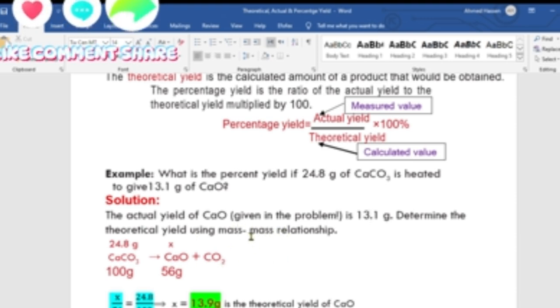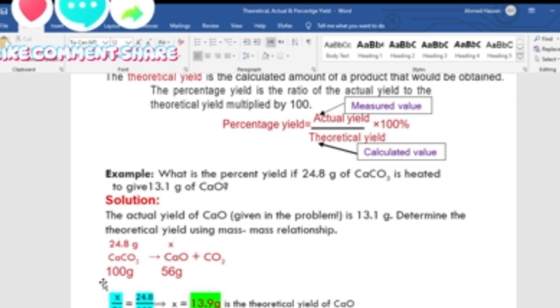The mass given for calcium carbonate is 24.8 grams, and the molar mass of calcium carbonate for this reaction is 100 grams, and because there is no coefficient, the required X, the mass to be calculated for calcium oxide produced, is over the molar mass of calcium oxide, which is 56, because calcium 40 plus oxygen 16 is 56.